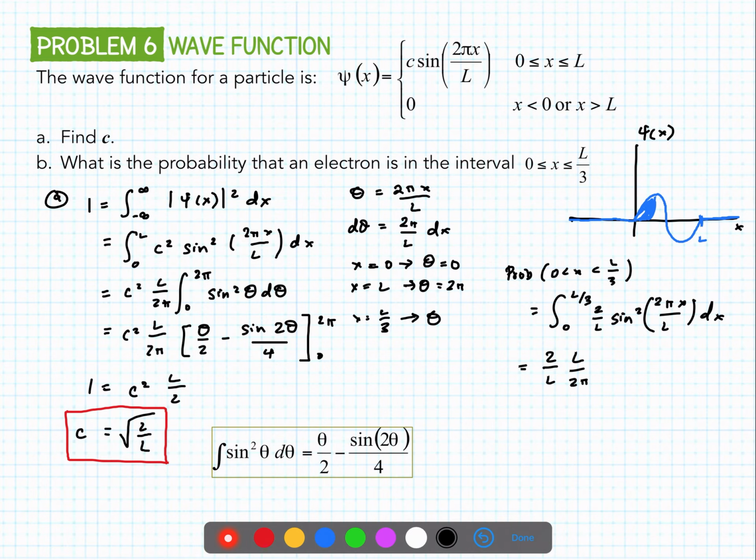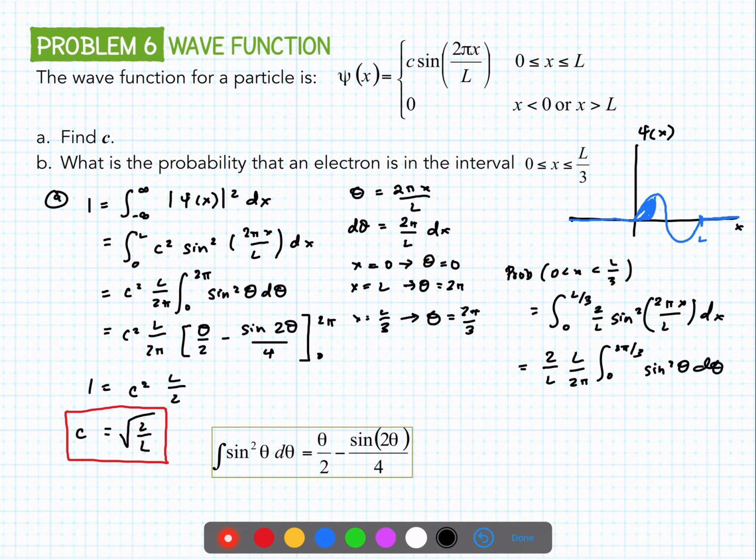Because of our u substitution, we plug in L over 3 and we get 2 pi over 3. So we go from 0 to 2 pi over 3 sine squared theta d theta.